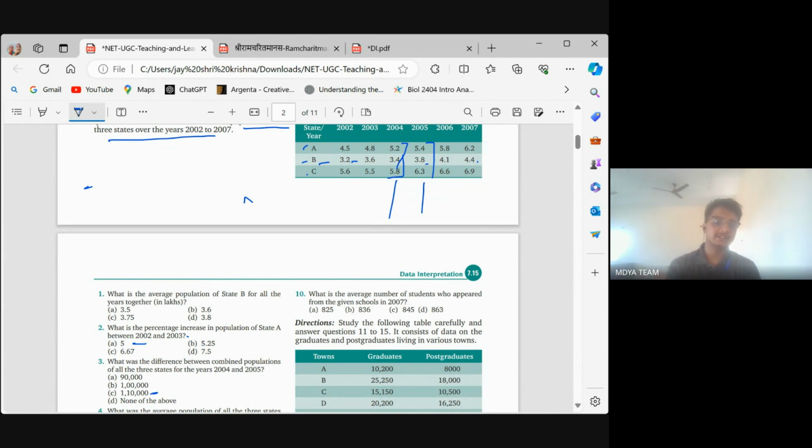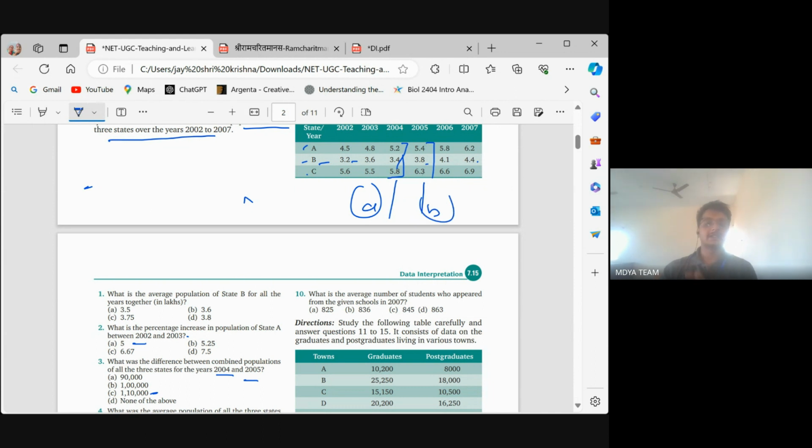Okay, now see here. They are asking about the difference between combined population. Combined population of what? All the three states for year 2004 and 2005. The combined population of all the three states for 2004 will be A, and the combined population for all the three states for year 2005, let it be B, means addition of all these values.